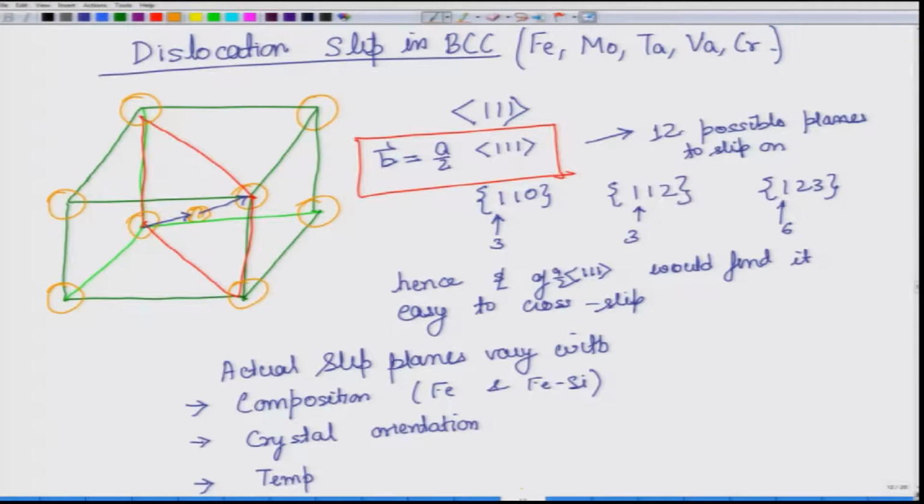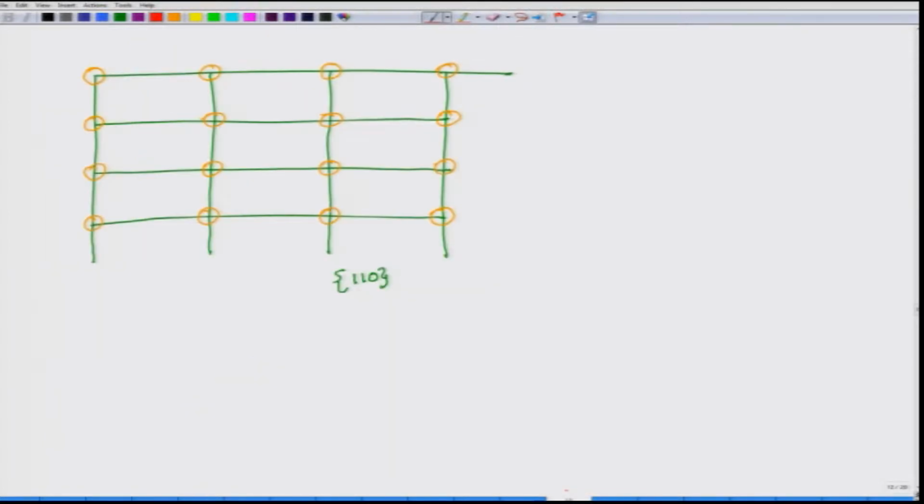So, if you look over here, and again going back here for a second, I want to show that this is your 111 direction, as you would have realized. So, I just have to draw one more atom at the center. Now, which are the 111 directions over here?